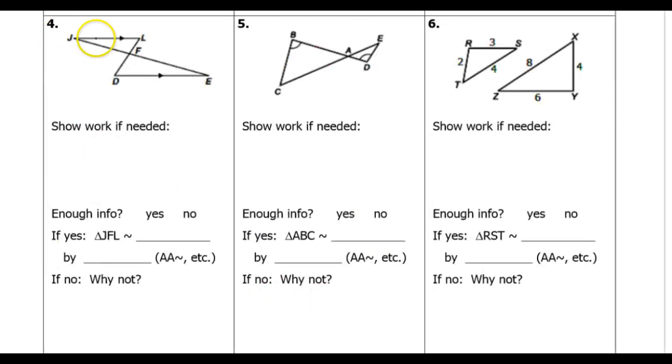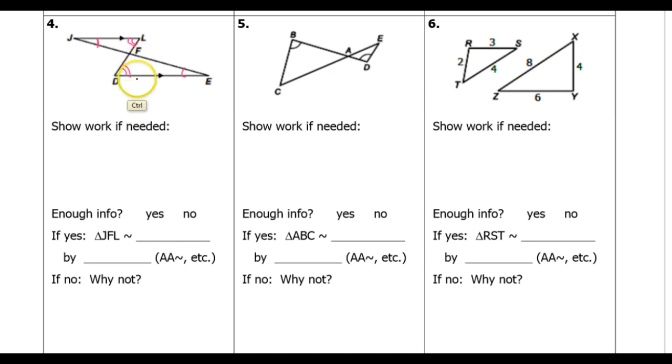So on problem number 4, the additional information we have is we got these parallel lines. And parallel lines often lead to congruent angles. These are alternate interior angles, and when the lines are parallel, those are going to be congruent. And similarly, these are also alternate interior angles, so those will be congruent.